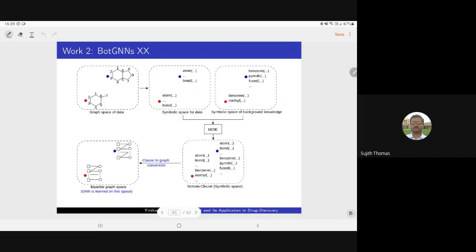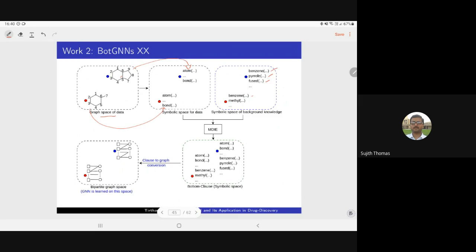So what we did so far is that we were provided with the data in graph space. Then we had to convert them into a symbolic space, say, this particular graph will be converted to some atom-bond information like that, and this particular graph into this. Then we are given some symbolic background knowledge, say benzene ring, pyrrole ring, fused, and all that. So for each instance, we have this additional description we can obtain.